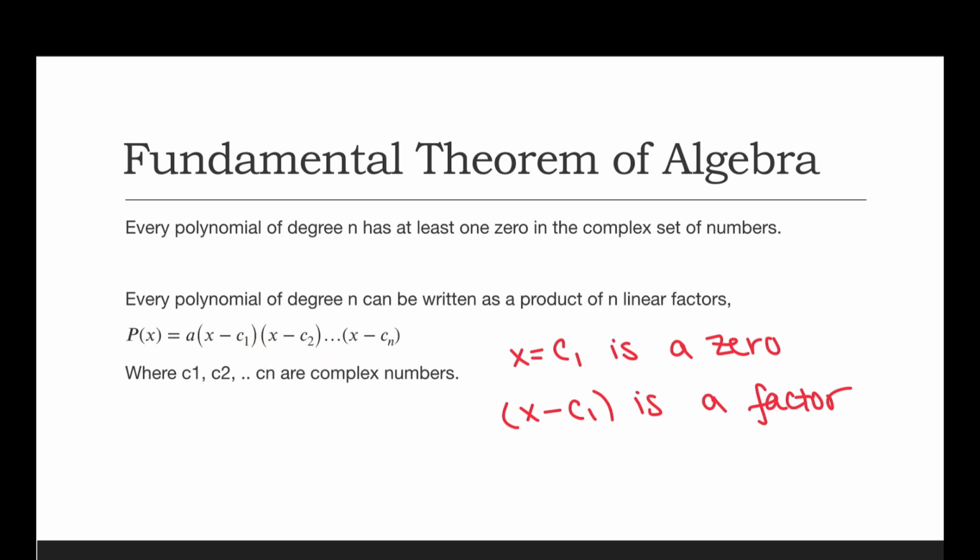And these factors are always going to be related to the zeros of your polynomial. If x equals c is a 0, then x minus c is a factor. So these factors are all of the form x minus the zeros.